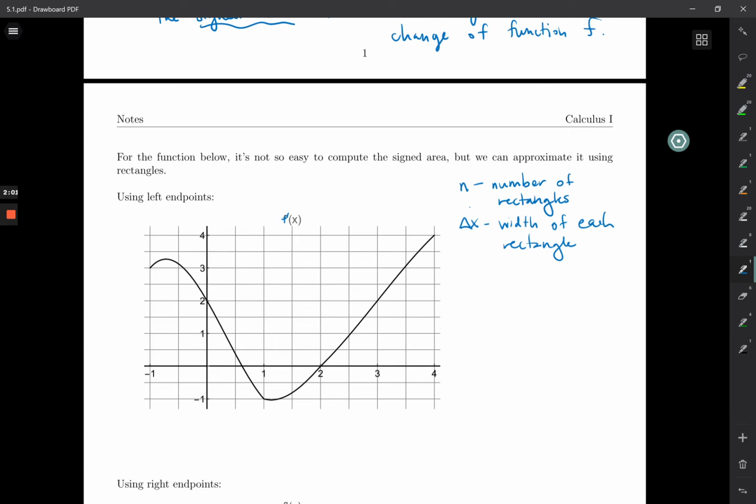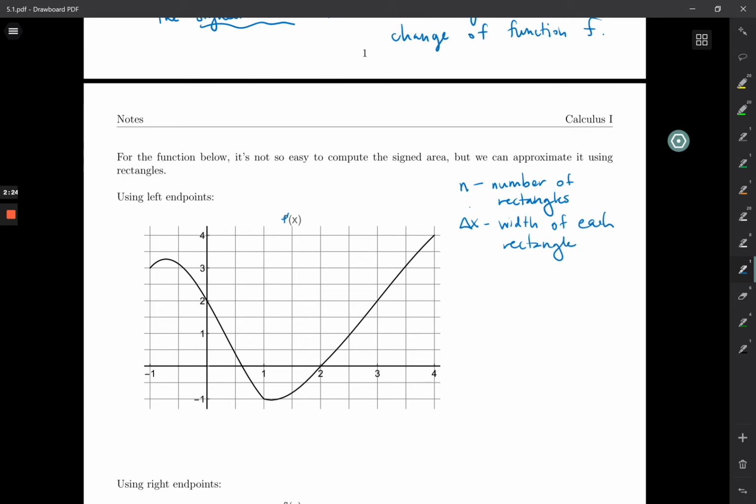And remember that we use delta x to denote change in x. So you can see once we start drawing these that the width is going to be measured along the x-axis. And so it is somehow measuring the amount of change in x related to this approximation.